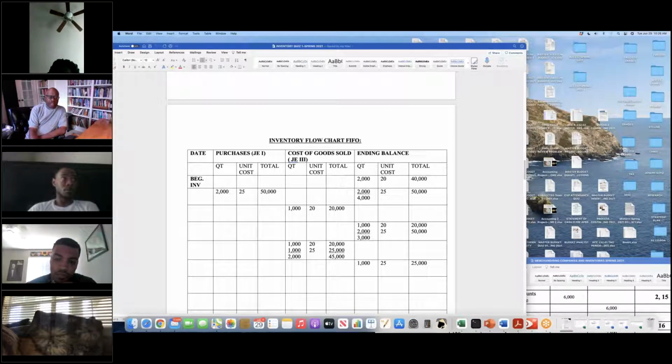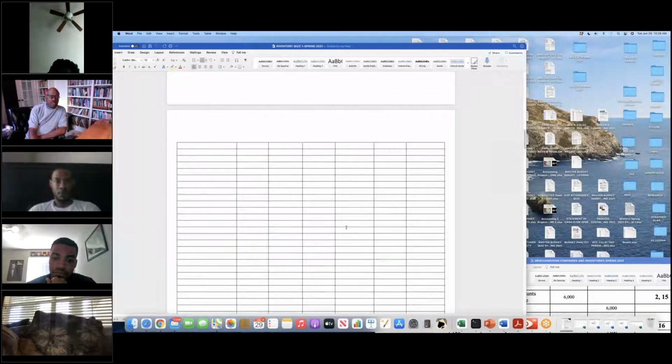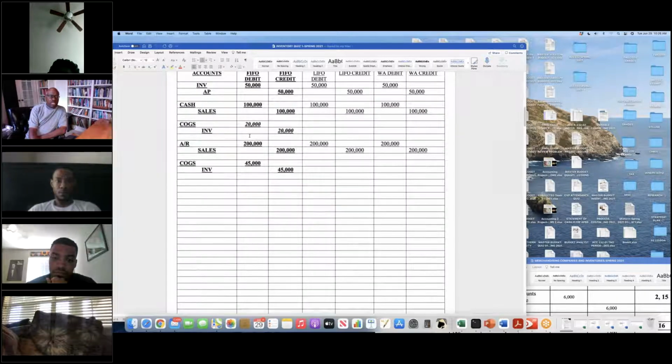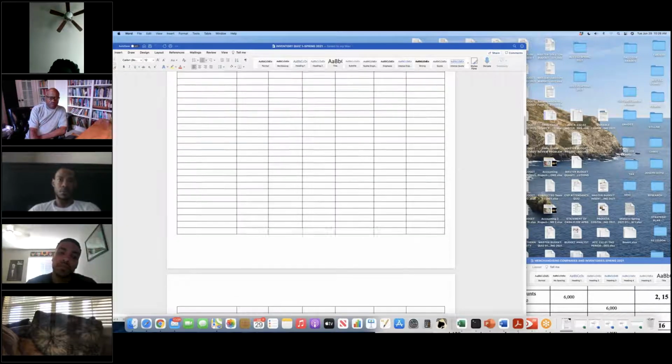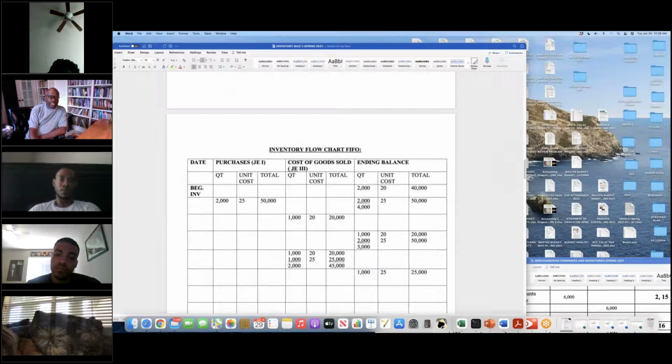And so we bring down 1,000 at 20, that's $20,000. And so in this journal entry comes the 20,000 for cost of goods sold. That leaves us with 1,000 at 20, 2,000 at 25.